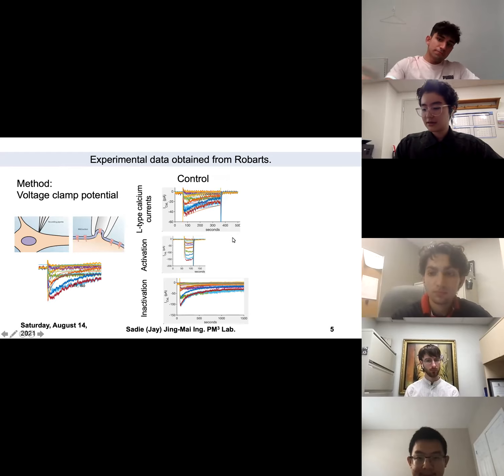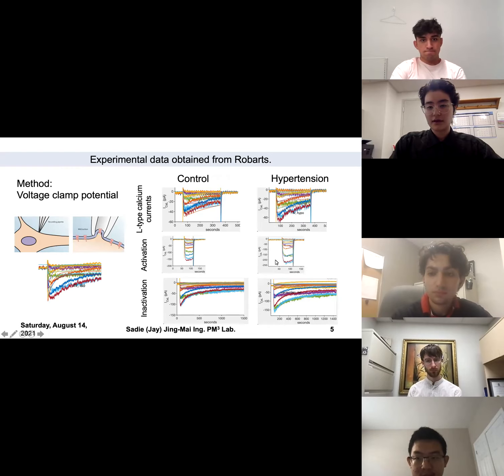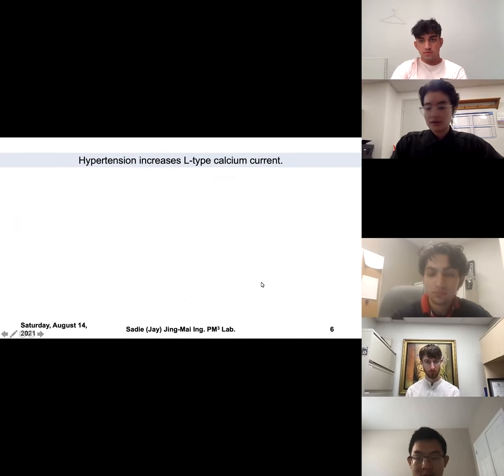Now, here's the graph data for the control cells, and here's the graph data for the hypertension. As you can see here, we graphed the L-type calcium currents against time, the activation against time, and the inactivation against time. From the collected data, we could initially conclude that hypertension increases the L-type calcium current.